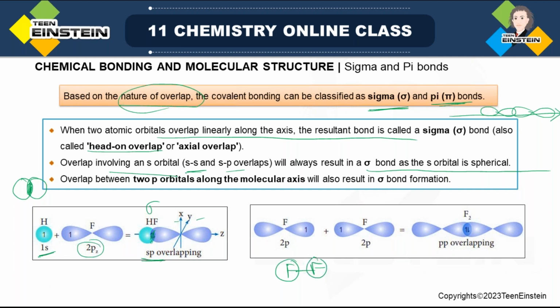So we have considered 2p. You can choose z axis, y or x, whatever it is, but it is lying on the axis. So suppose if I am writing z here, this axis must be z axis. So this is pp overlap. This is sigma bond. Fine.